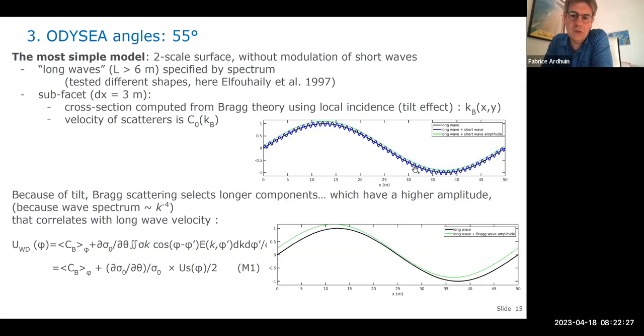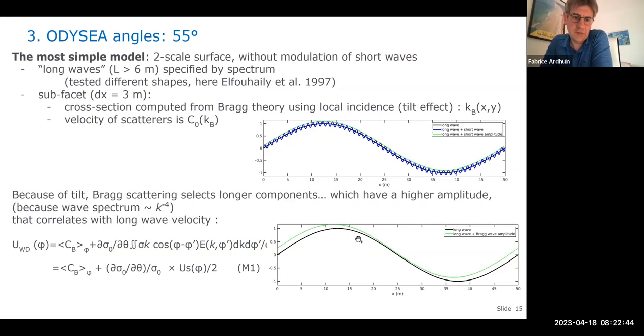But what happens is that because we have a collection of waves with all sorts of different wavelengths, and we have actually a spectrum of waves, the waves that have the right Bragg scattering wavelengths will actually be different at different places along the long wave profile.